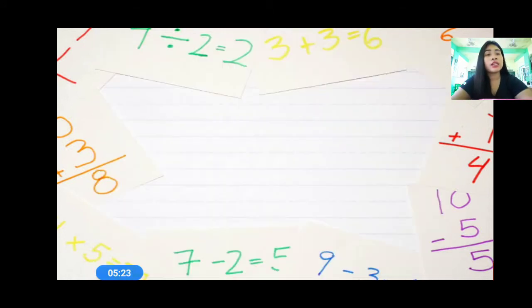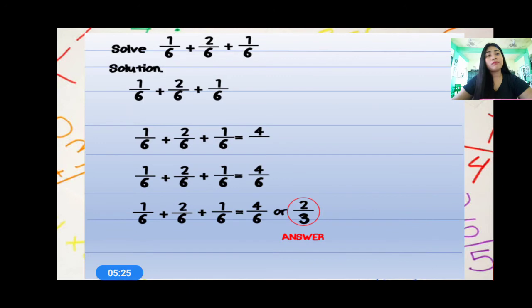And then this is another example. 1/6 plus 2/6 plus 1/6. So, check if the denominators are the same. Is the denominator the same? Very good, all 6. So then, we're going to add the numerators. What are the numerators? 1, 2, and 1. 1 plus 2 is 3, plus 1 is 4.